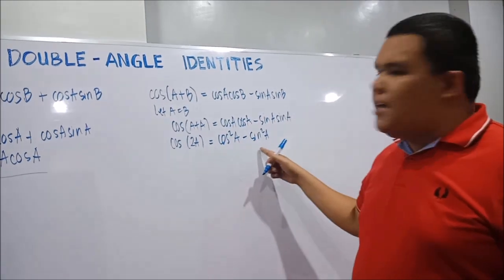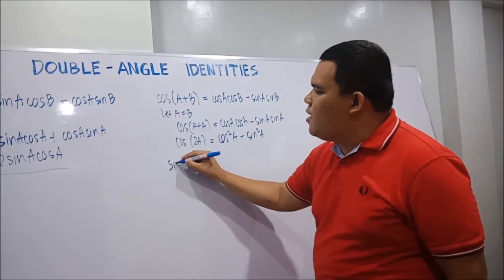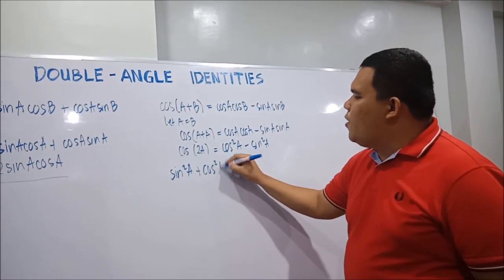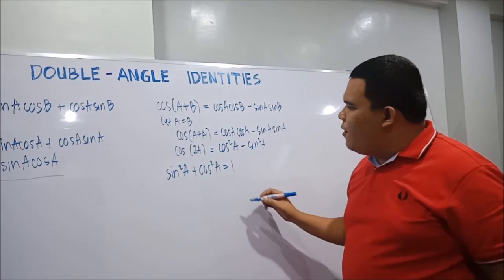Furthermore, we can rewrite this identity into other forms from our fundamental identity, sine squared A plus cosine squared A equals 1.